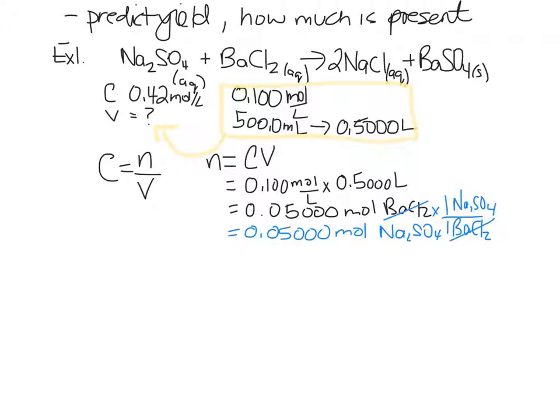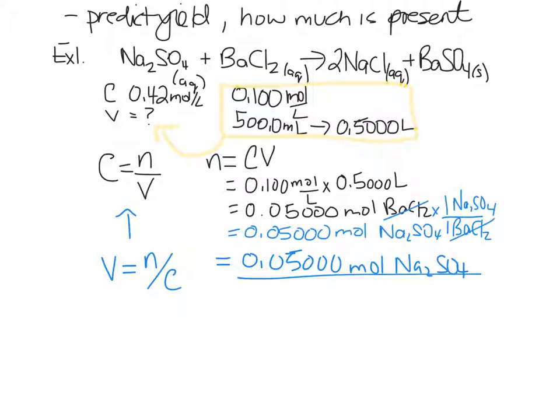So now we have moles of sodium sulfate and concentration, so we can find volume. So going back to this equation, rearranging it, we would have moles divided by concentration to give us our volume. So we're going to take 0.05 moles of sodium sulfate divided by 0.42 moles per liter.